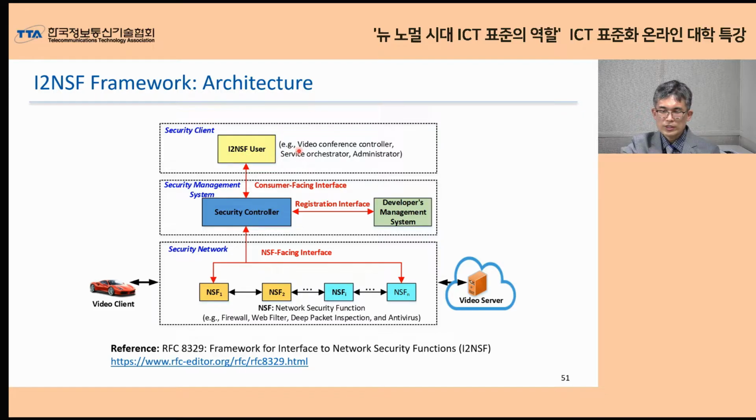I2NSF users such as the video component controller, service orchestrator, and administrator deliver a high-level policy to the security controller. The security controller translates the high-level policy into a low-level security policy that is understood by each NSF. The developer management system registers capability and access information, such as the NSF IP address, with the security controller. The security controller stores such capability and access information in each NSF database.